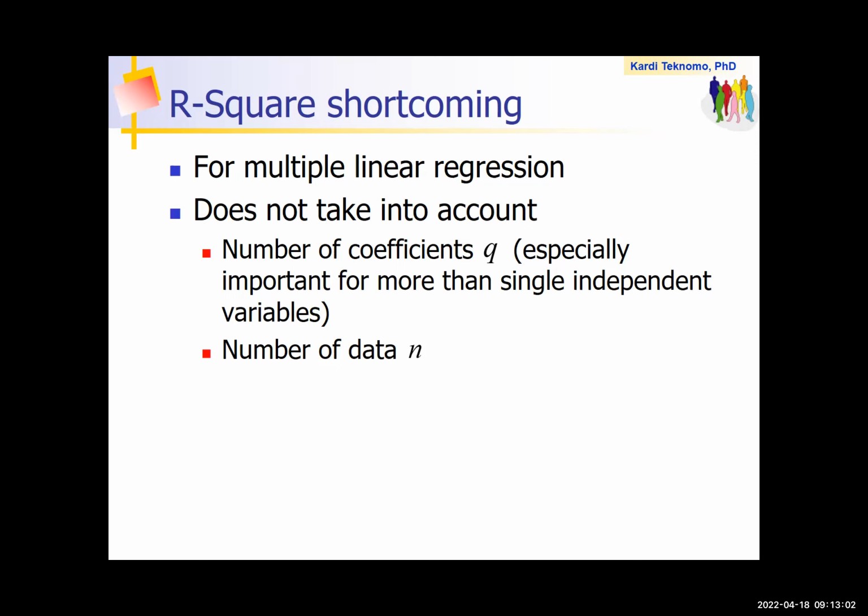You can put a lot of variables, and the more variables you put, the larger the R square becomes. The same thing if your number of data is very big, the R square will become larger. So in that case, R square is actually dangerous to use. So we need to adjust that.